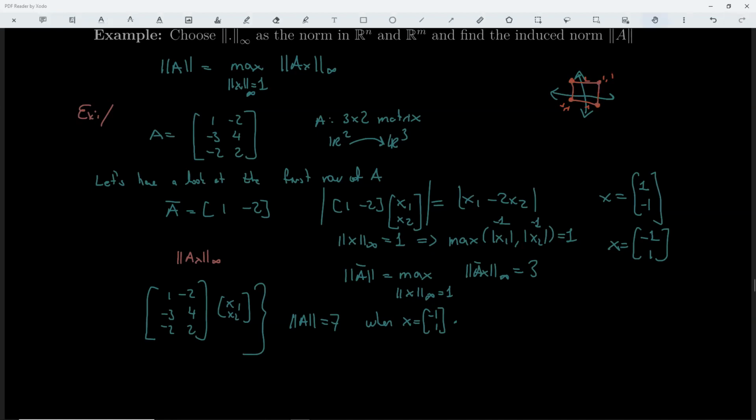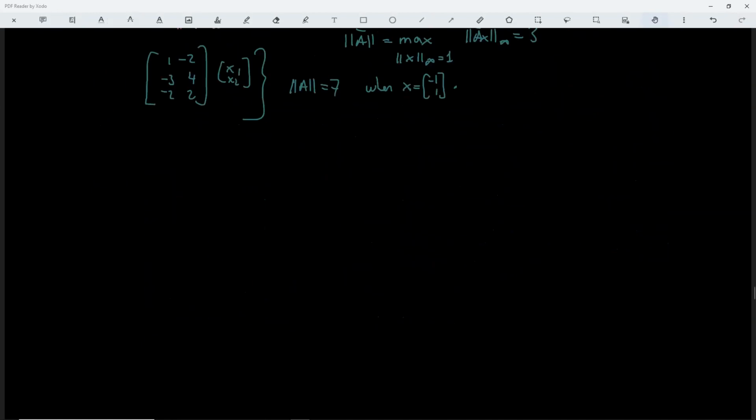So next I do have a claim. Our claim is that the induced norm of A, with the vector infinity norm definitions for the vectors, is equal to the maximum absolute row sum: the max over i of the sum over j from 1 to n of absolute a_ij.